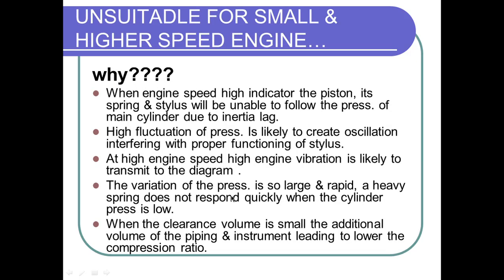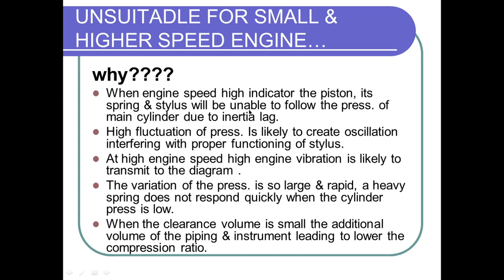Now, why is it unsuitable for small and higher speed engines? Here there is a spelling error, so I beg forgiveness for that. When the engine speed is high, the indicator piston, its spring and stylus will be unable to follow the pressure of the main cylinder due to inertia lag.